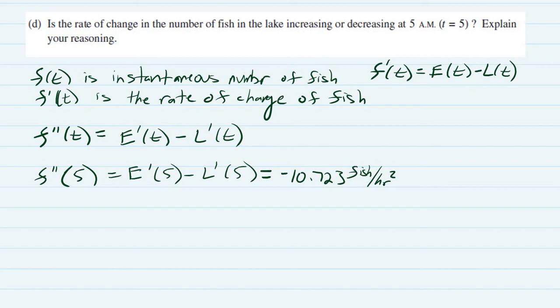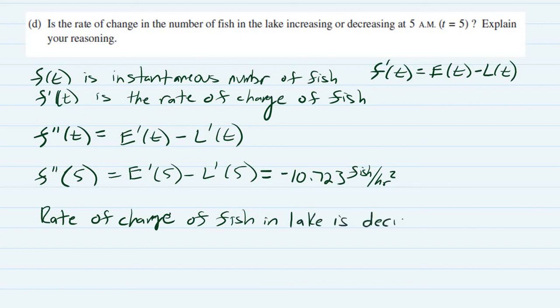But we will answer this question by saying that the rate of change of fish in the lake is decreasing at t equals 5 because f prime of t is decreasing.